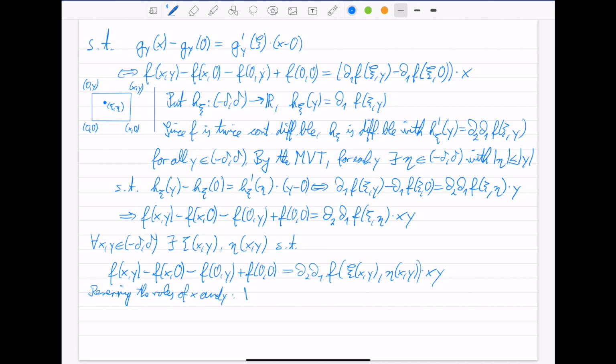Namely, we can obtain in precisely the same way that for all x and y in (-delta, delta), there are some numbers psi tilde of xy and eta tilde of xy, such that, first of all, this is something I forgot, I'm sorry about that.